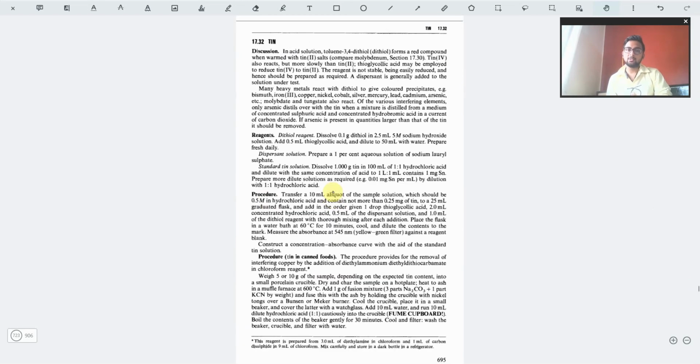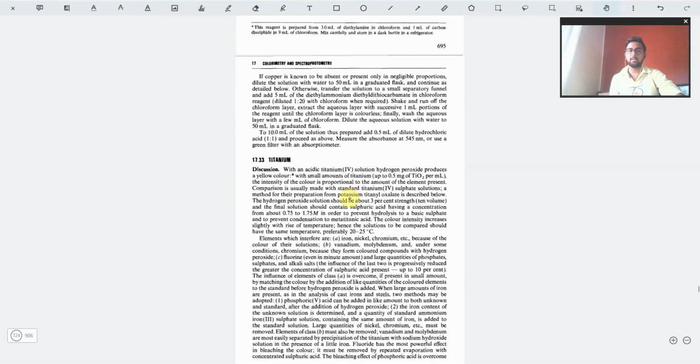Then we have the spectroscopic calculation, which involves the complexation of any metal ion with some kind of complex, so that it imparts an extremely good color, or electromagnetic radiation which has a wavelength that can be caught by the spectrophotometer, so that it can give accurate calculations for that purpose.